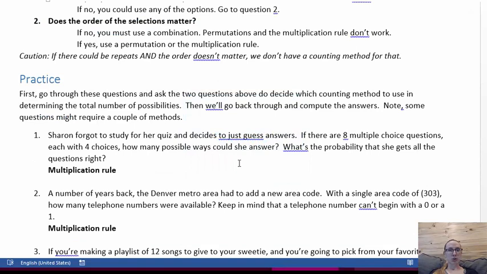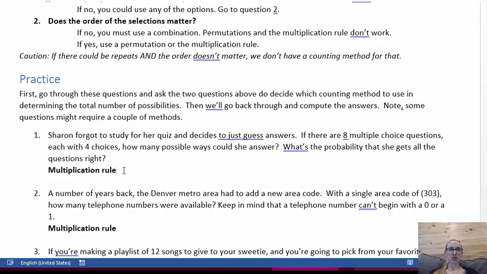Okay, so question number 1, Sharon is guessing on 8 multiple choice questions. Each question has 4 choices, so we're looking at A, B, C, or D. In this case, you can repeat options because just because you selected option A for the first question doesn't mean A can't be an answer for the second question. In fact, if it was, you'd run out of options since there's only 4 for each one.